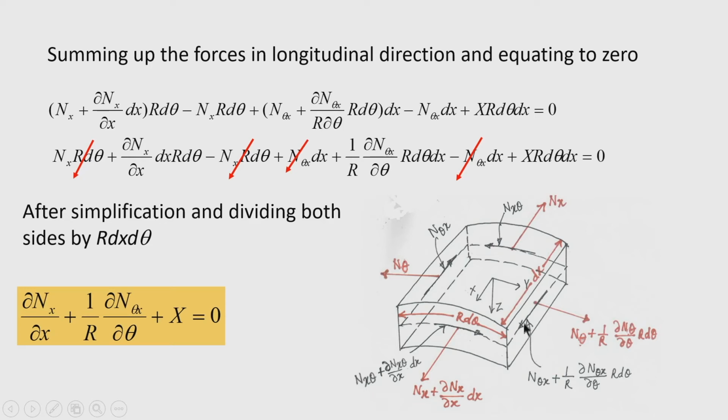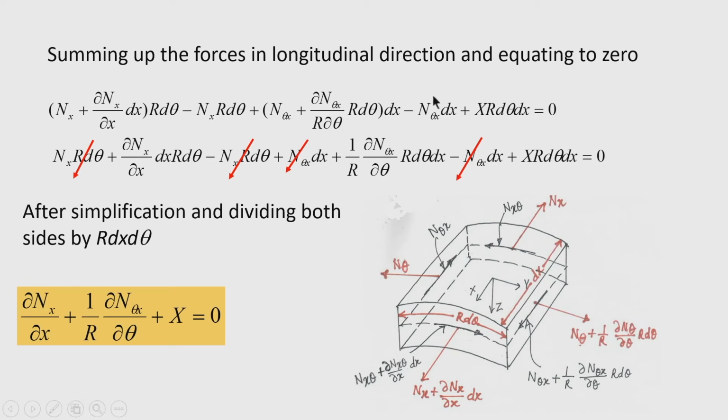So, if I take this force first, so that will be n theta x plus del n theta x by r d theta into r d theta into d x, because it is acting over the length d x, and it is multiplied with the force per unit length, because this n x, n theta x and n theta are all expressed in terms of force per unit length. So, therefore, to find out the total force on the edge of the element, we have to multiply by the corresponding length of the element.